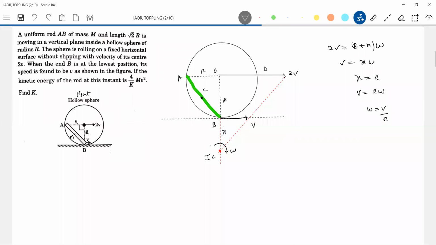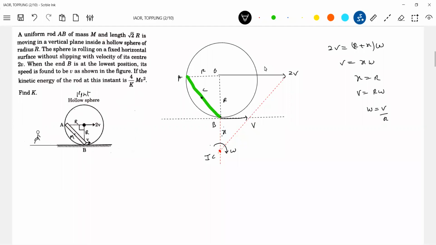About this omega, you can do one thing. About the instant center, all points on the rigid body will rotate with an angular velocity omega. That's what I'm saying. Then if you stand on the ground, what will you comment? All points will rotate about the center of mass of the system with the same omega, and the center of mass will have translatory motion.